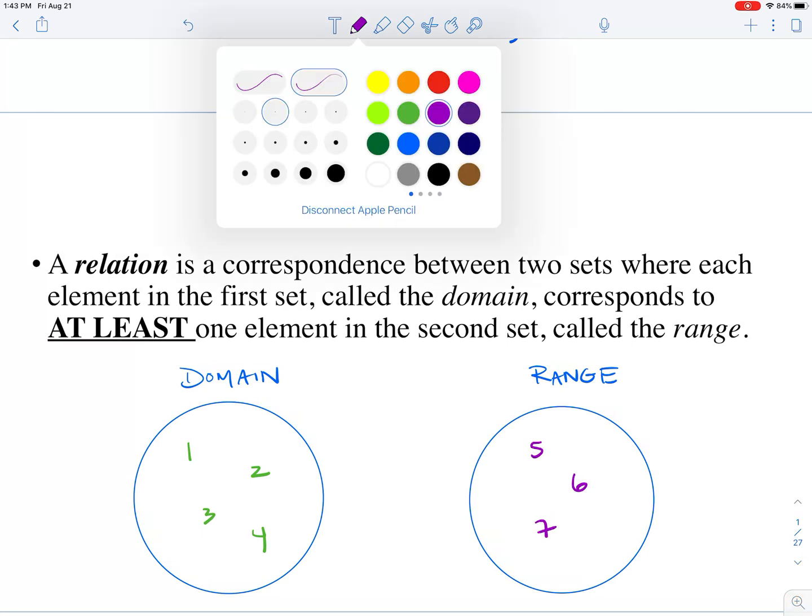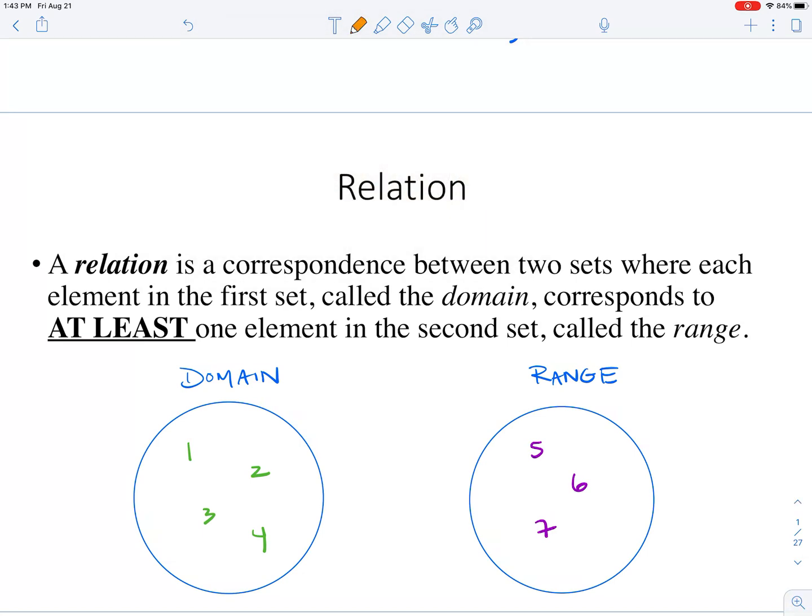So to show the relation, I'm going to start with the number 1 that is an element of the domain. Let's say that the number 1 ends up mapping to the number 5. And let's say the number 1 also ends up mapping to the number 7.